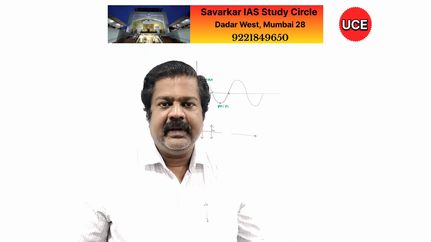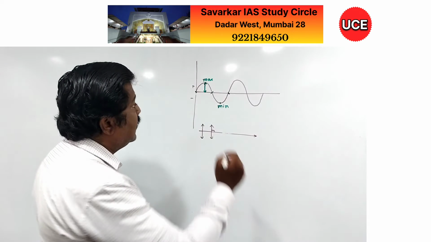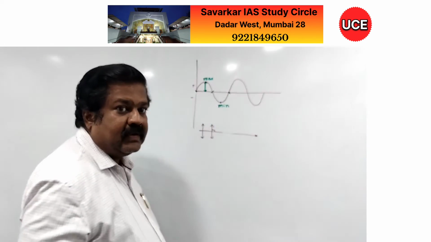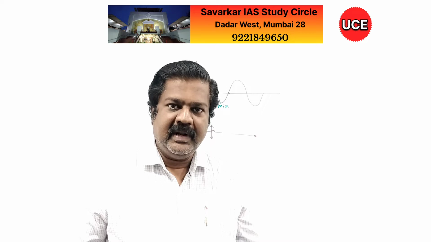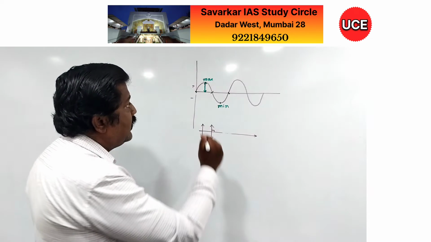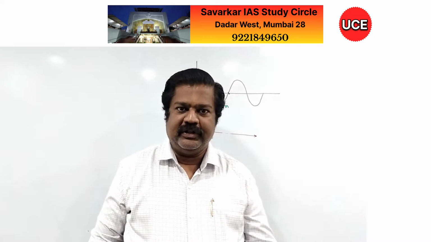Therefore, the distance between alternate mean positions, I am saying again, first we have to omit this one and take the second. So the distance between alternate mean positions is called the wavelength.